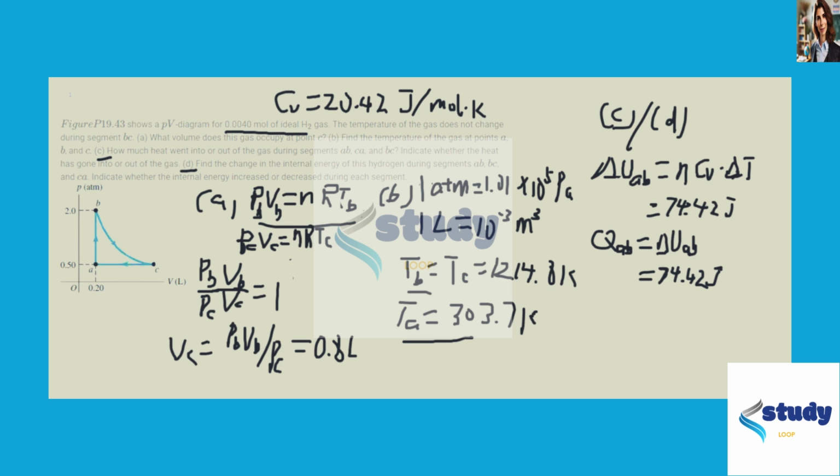In process BC, because the temperature does not change, delta U is 0. So the internal energy does not change.